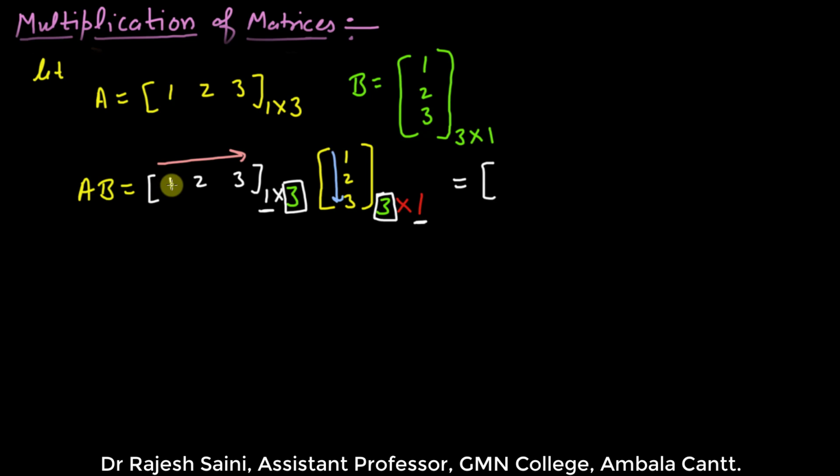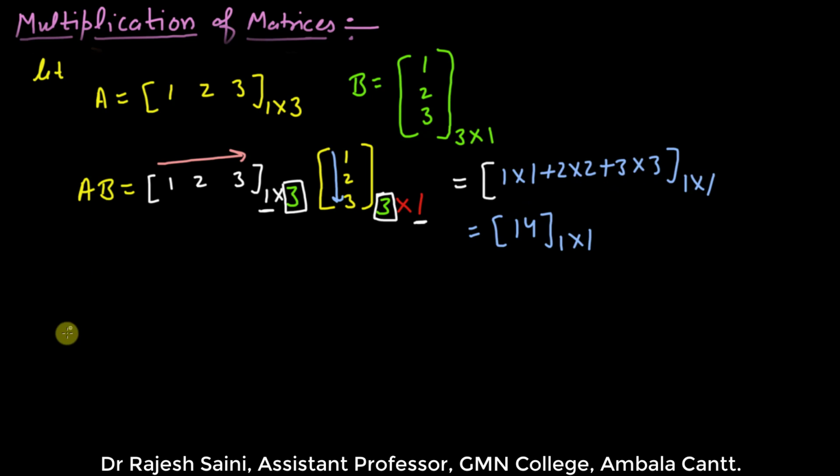Now let's do the multiplication: 1 into 1 plus 2 into 2 plus 3 into 3. It will have only one element, and the resultant matrix will be 1 row and 1 column. 1 plus 4 plus 9 is 14, and it is of 1 by 1 order.